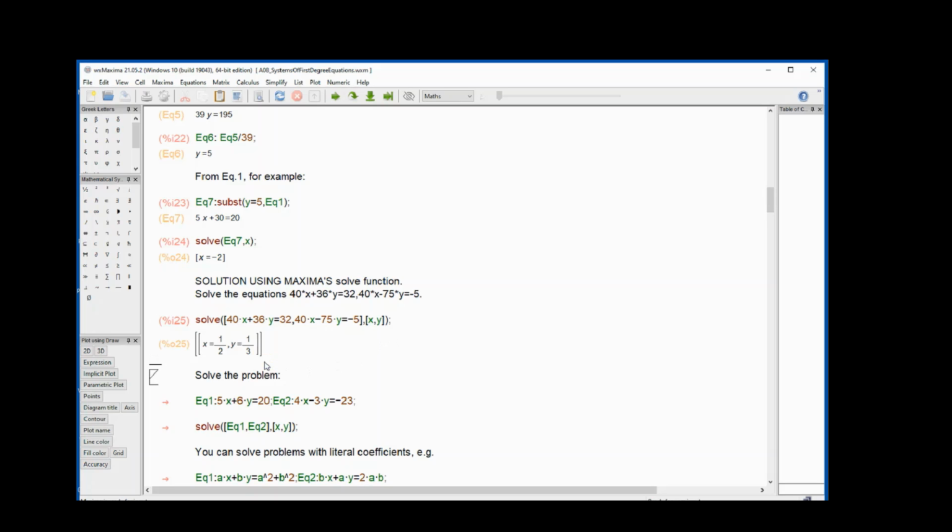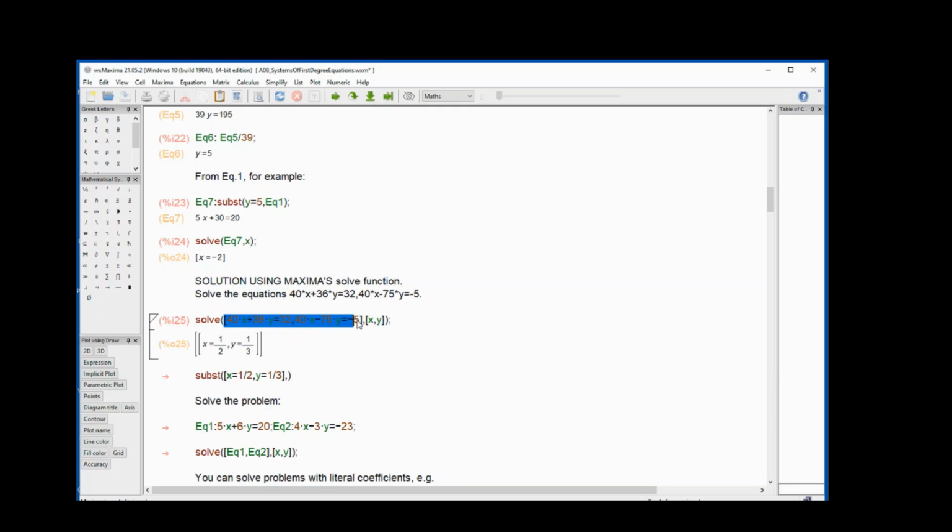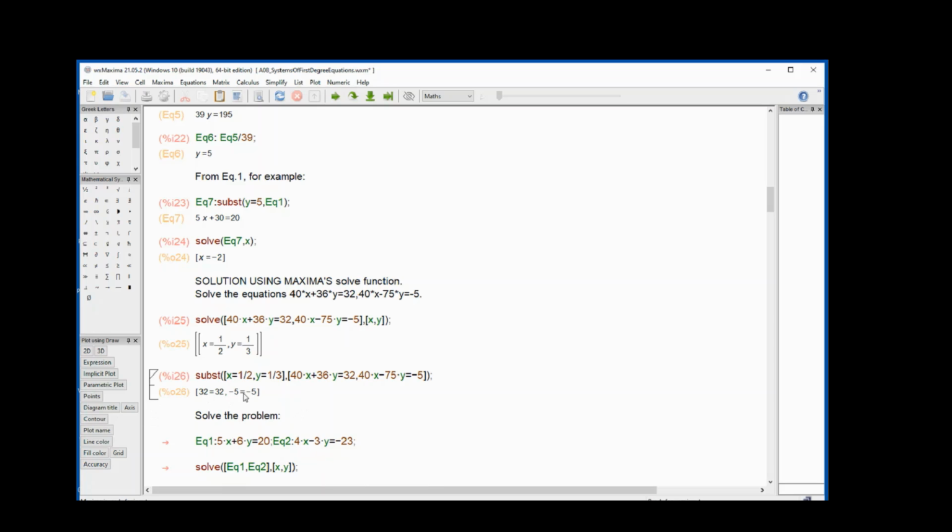Just to check on that, I'm going to say substitute, and I'm going to borrow that list inside and do Control-C, Control-V, comma, and then I'm going to copy my list of equations, Control-C, Control-V, do Shift-Enter, and I get 32 equals 32, minus 5 equals -5, so the equations are satisfied.